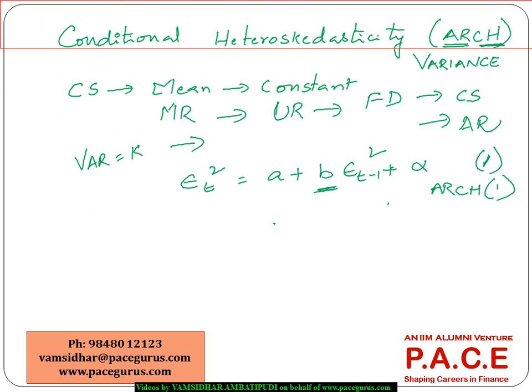Because the coefficient b is not statistically significant, I can very well assume it to be 0, which means it is not an ARCH 1 kind of model, or conditional heteroscedasticity is not present in this time series model. But if conditional heteroscedasticity is present, then we may have to go with procedures like the generalized least squares method, which I am not covering here.